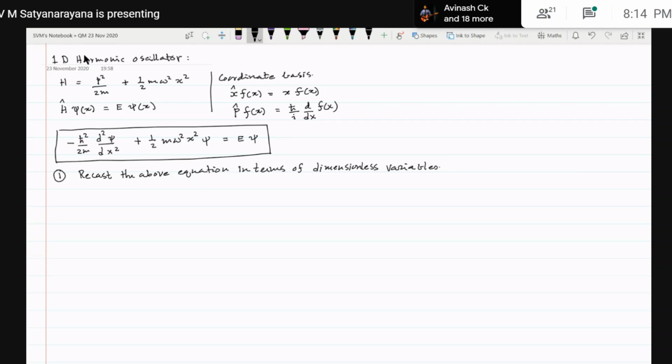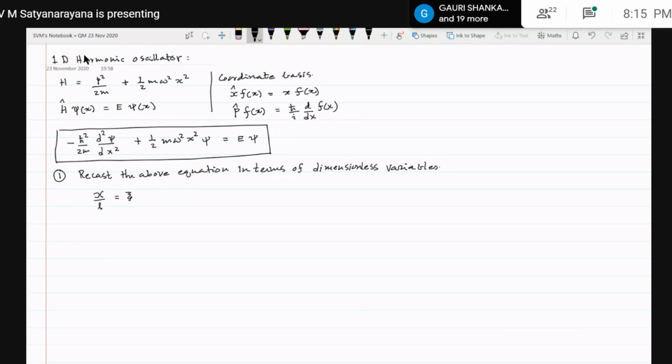So for that, what I will do is that I have this x, which has got dimension of position. So I will try to write this in terms of some length L, and this is, let me call it as psi.